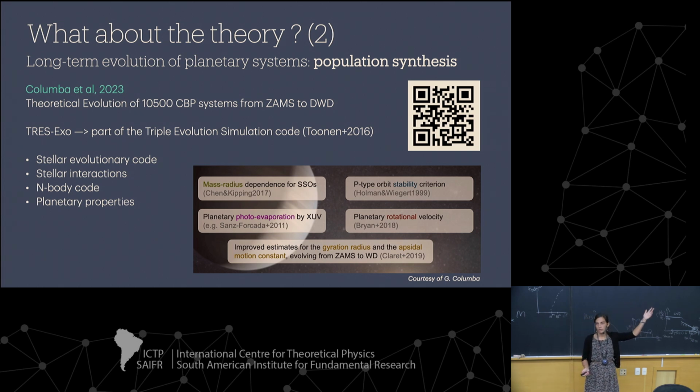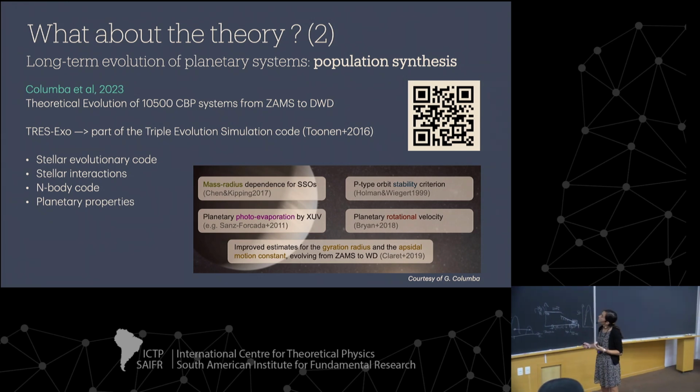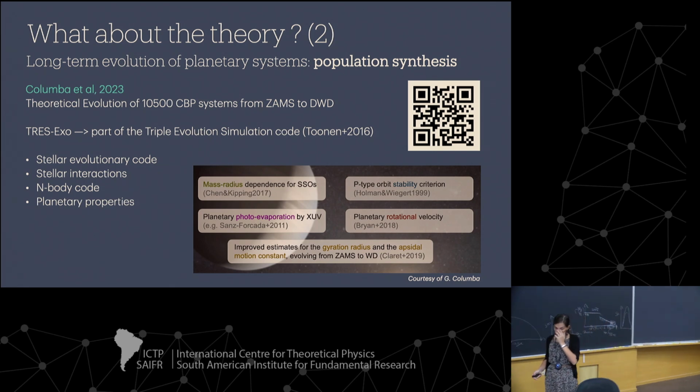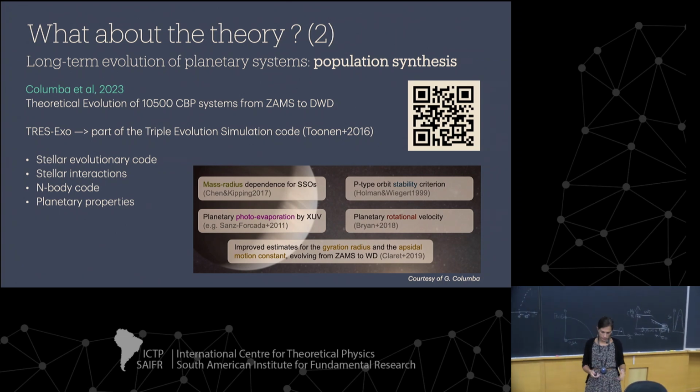At 30,000 Kelvin the radiation is very strong, so what's going to happen to the atmosphere of my exoplanet in that case, right? And this is the mass-radius relationship that I was mentioning yesterday, because we needed to know the radius as a function of the mass.